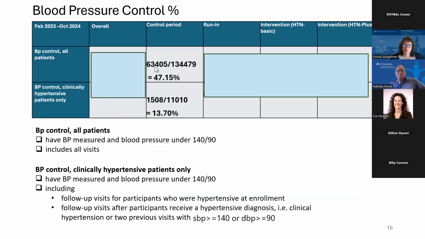At the point that we did this second LAGO phase, there were over 63,000 patients going to these 16 facilities, and over 134,000 visits, of whom 1,500 were hypertensive, and 14% of those had their blood pressure under control. So there's a lot of room for improvement here, for sure. A lot of room.